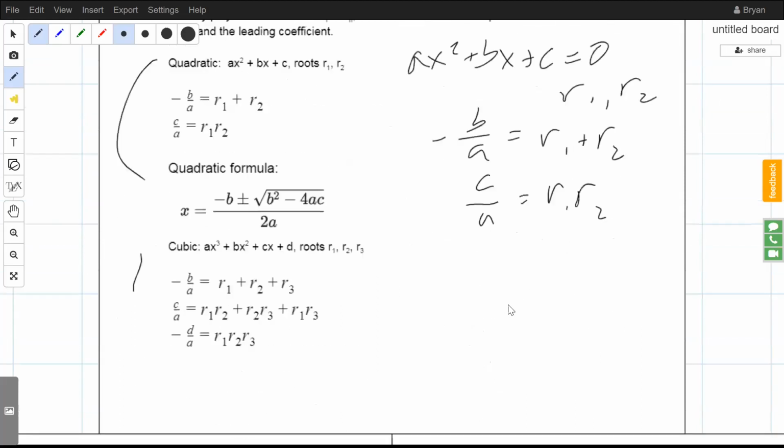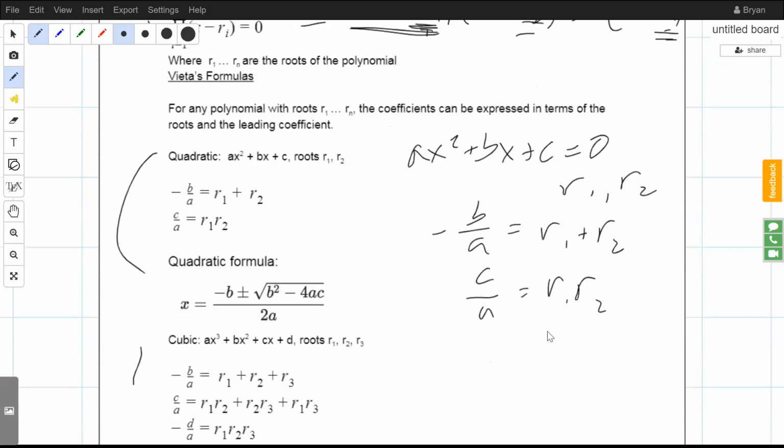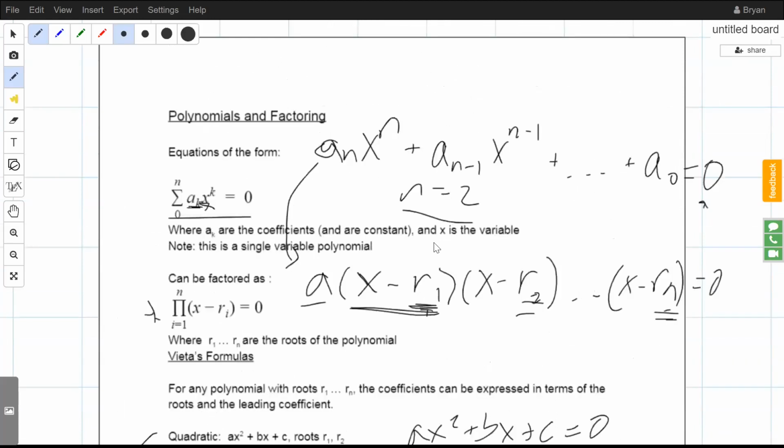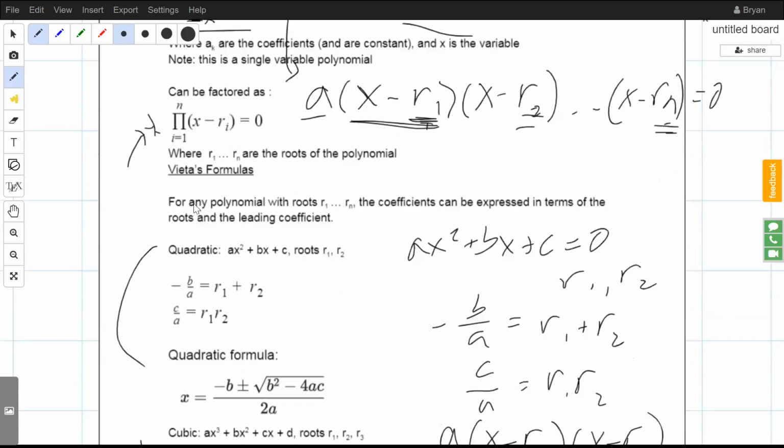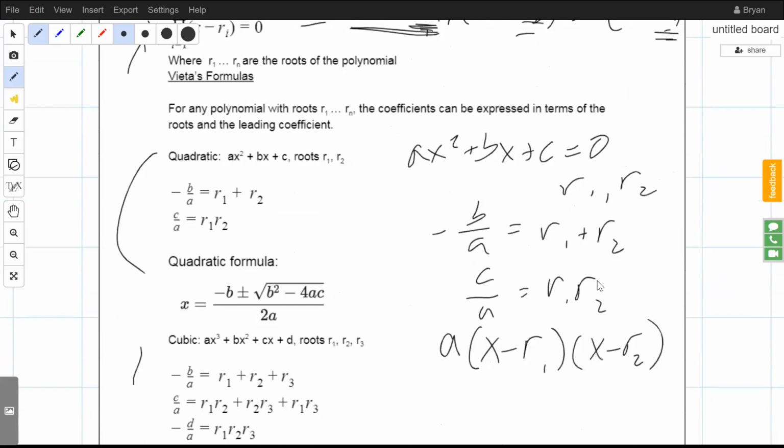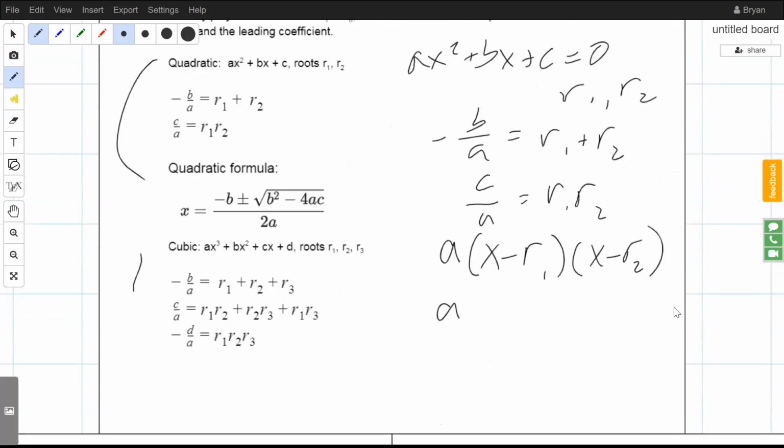And we actually know this because we can factor the quadratic as a times x minus r1 times x minus r2. So then when we factor and expand this, it's going to be a times x squared minus r1 plus r2 times x plus r1 times r2.